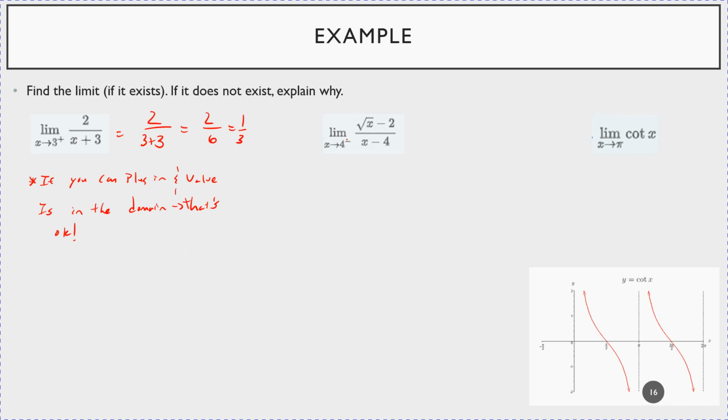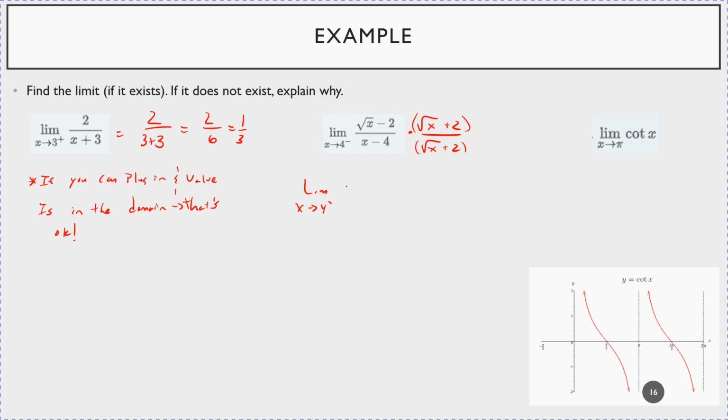Here, even though I'm saying find the value as you go to 4 from below, if you just try to plug 4 in, you'll get 0 over 0, the indeterminate form. So you're going to have to rationalize the numerator. So you get the limit as x goes to 4 from below. FOIL, but the middle terms cancel out.